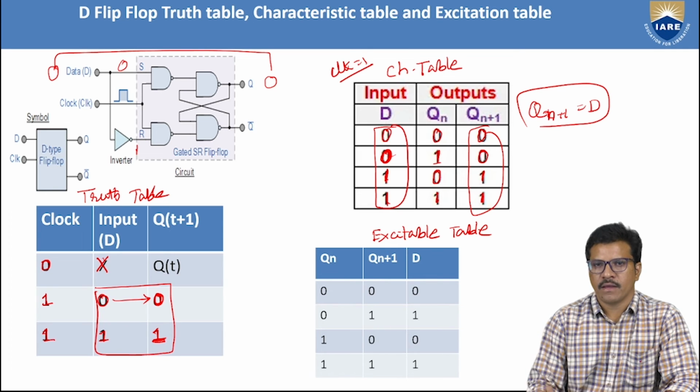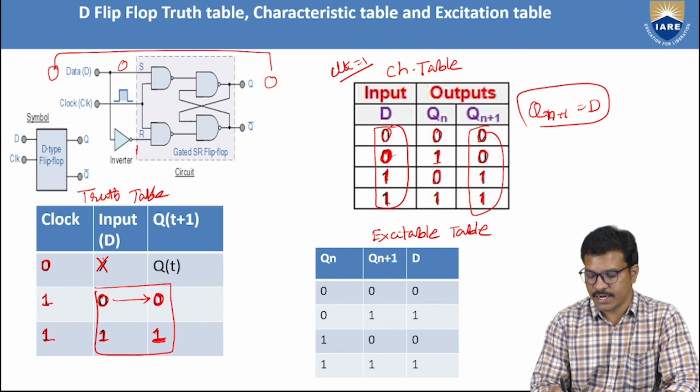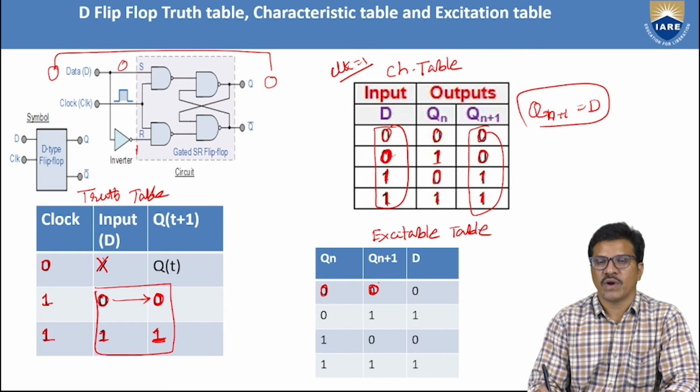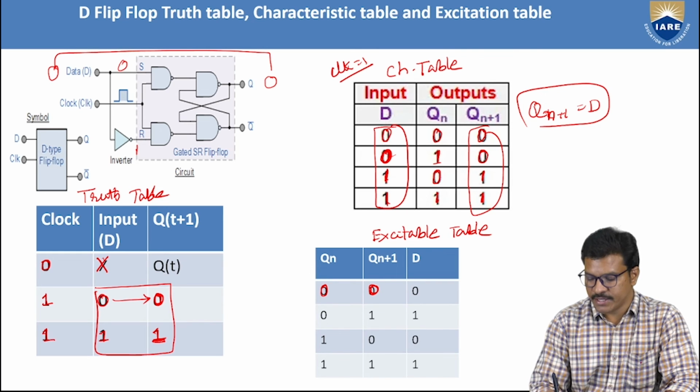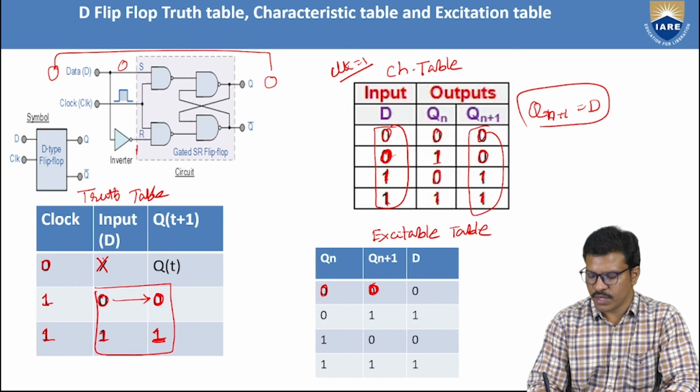In order to prepare this excitation table, you might know the present state and next state. If present state is 0, next state 0, what will be the D? Next state 0 means simply Qt plus 1 is equal to D, so we can take this D directly.